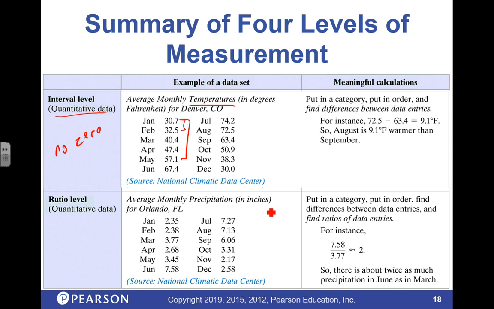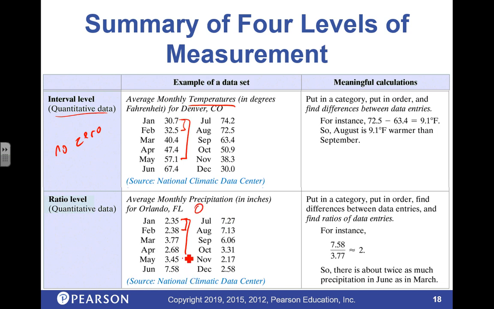Where if we looked at the levels of rain, yeah, there's a difference. Here there's only 3/100ths of an inch different, where here there's over an inch difference. So the difference between the values is important. Also, a zero level would make sense.